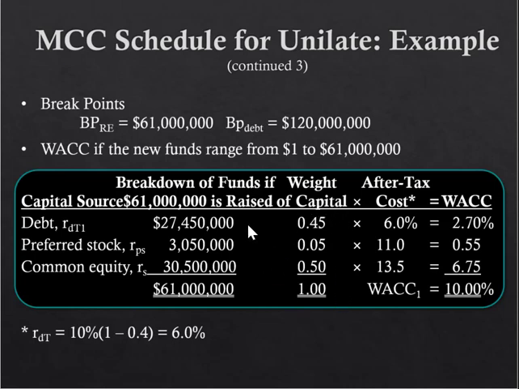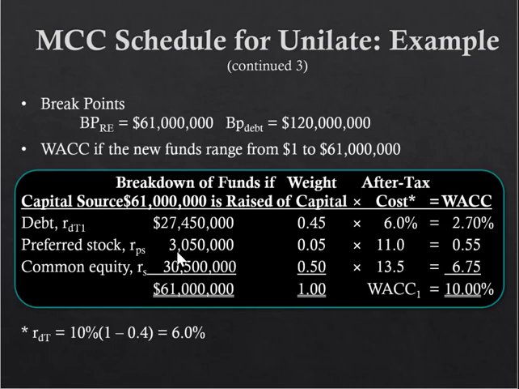So what that would look like at 61 million is you'd raise 30.5 million of additional common equity, which is the amount of the retained earnings. That would be at an after-tax cost of 13.5%, and that comprises 50% of the capital stack. Preferred stock, if you were going to raise 61 million building off that 30.5 million of retained earnings, you should be able to maintain your current capital stack percentages.